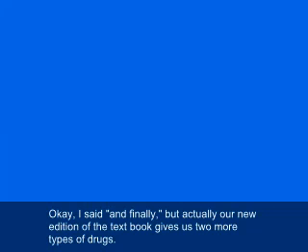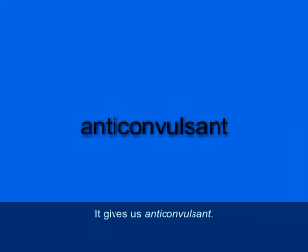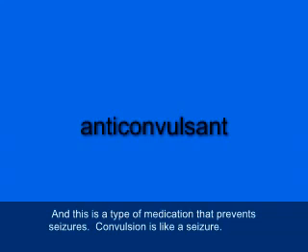Okay, I said and finally, but actually our new edition of the textbook gives us two more types of drugs. It gives us anticonvulsant, A-N-T-I-C-O-N-V-U-L-S-A-N-T, and this is a medication that prevents seizures.